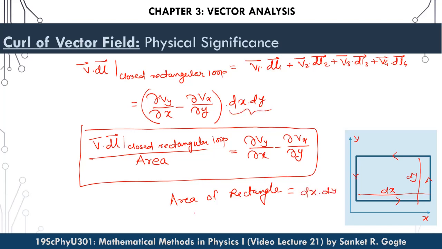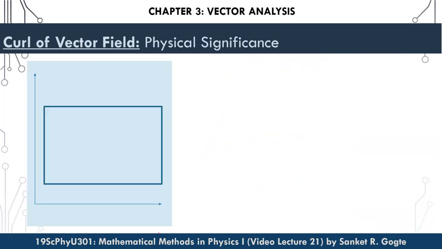In a similar way, we can calculate the x and y components of this line integration over the closed infinitesimally small rectangular loop. Now we won't calculate it in detail. Let's first consider the x component. If we are considering the x component, then this is the y-axis and this is the z-axis, so that we have a right-handed coordinate system.